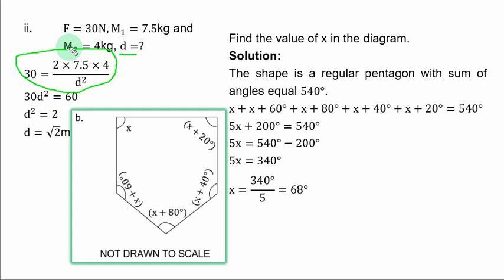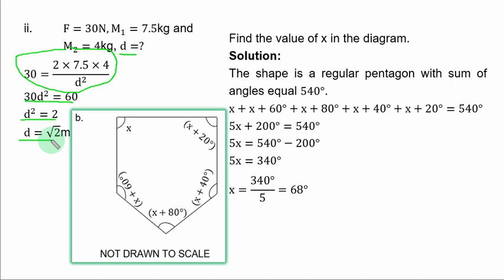If you clear fractions, you simply multiply 30 by d squared and you have 30d squared. If you multiply the numerator, you have 60. If you divide through by 30, d squared is equal to 2 and d is equal to the square root of 2 meters.